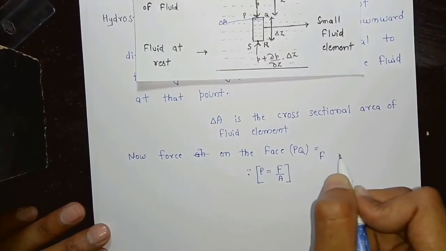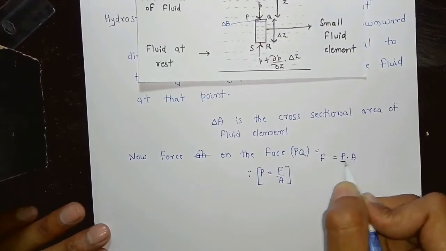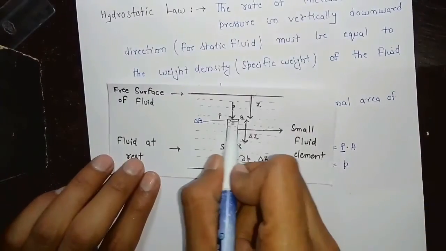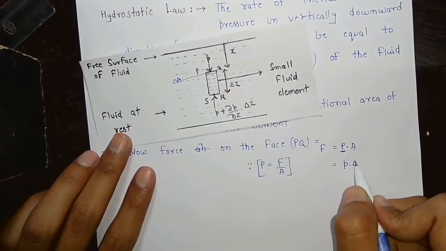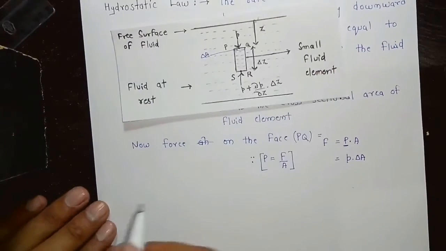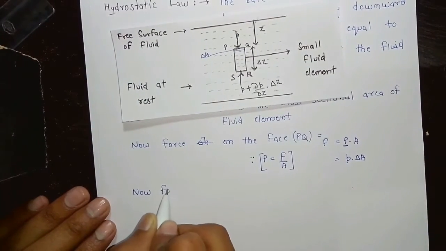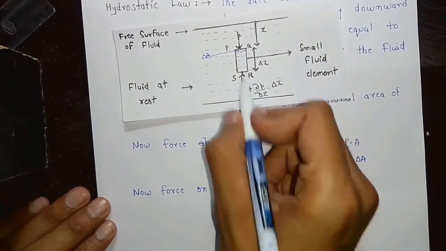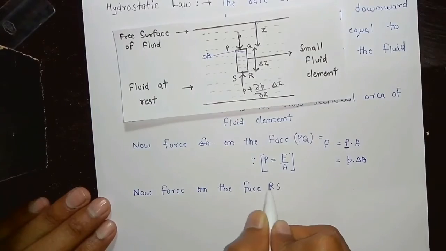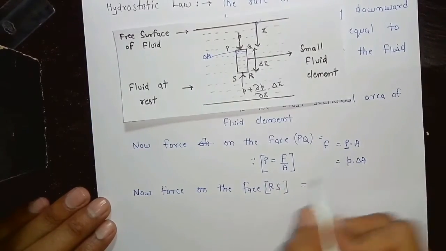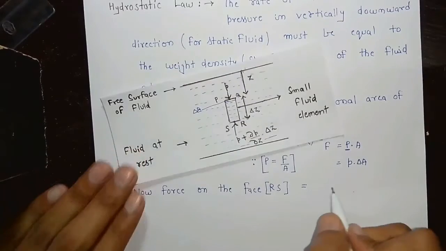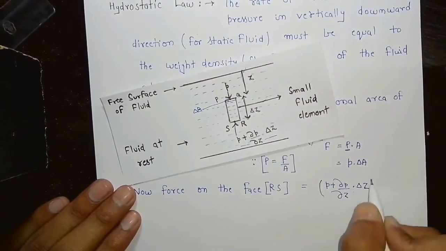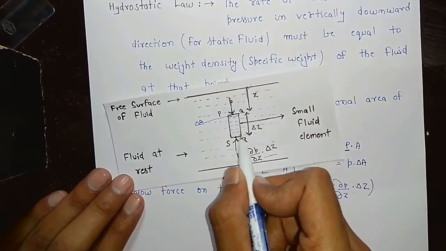So force is equal to pressure multiplied by area, and pressure at face PQ is small p into area of face PQ is delta A. Now force on the face RS, again with the same formula. This time pressure is p plus del p divided by del Z into delta Z, and again area is the same, delta A.